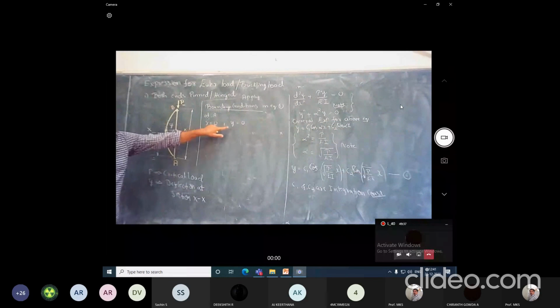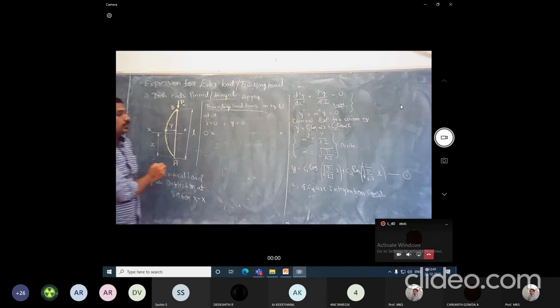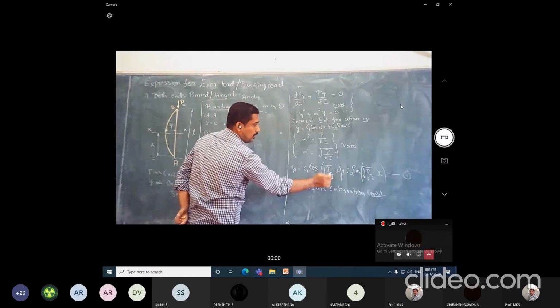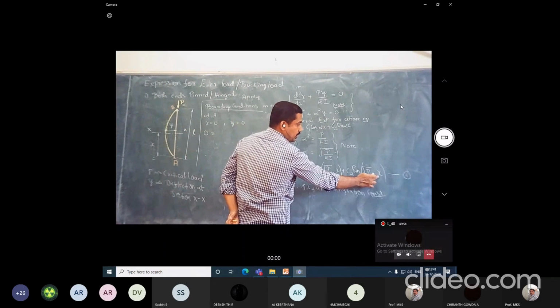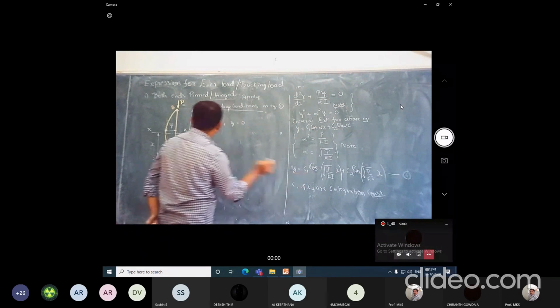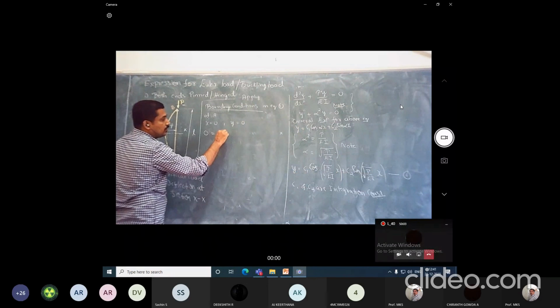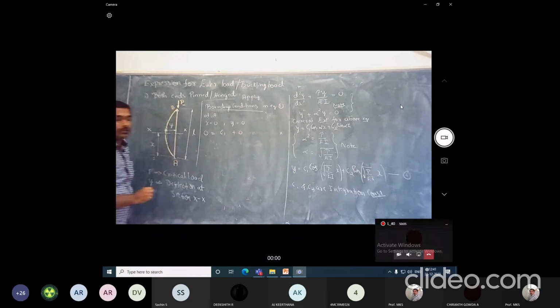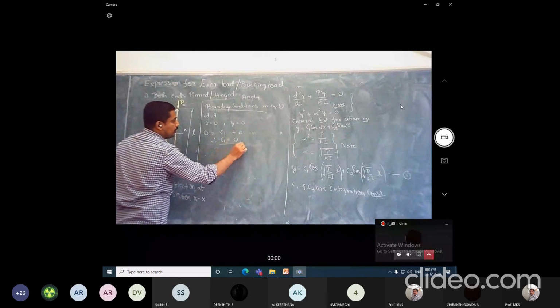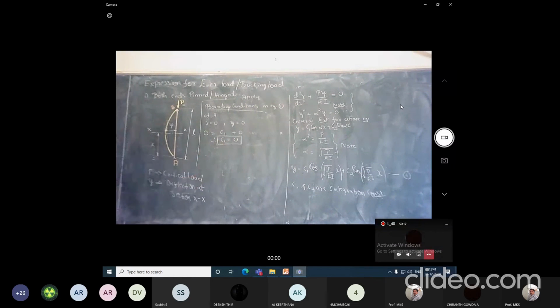When you substitute 0 here, this term becomes cos 0. sin 0 is 0 and cos 0 is 1, so you'll be remaining with C1 plus 0. Therefore, the constant C1 will be equal to 0.